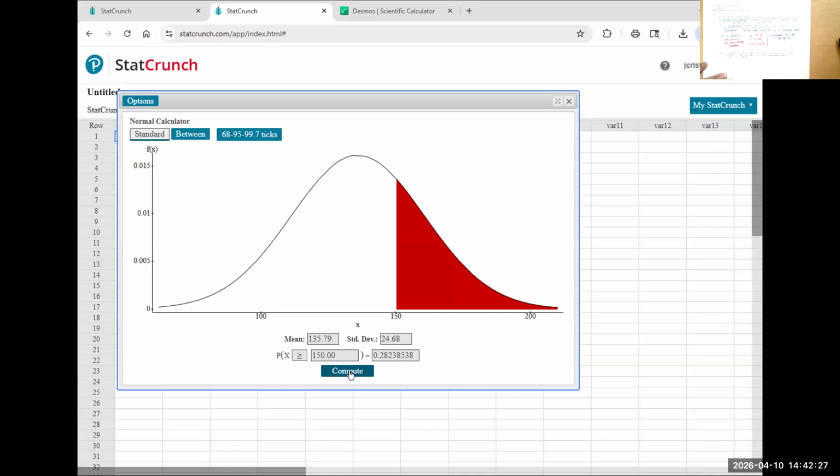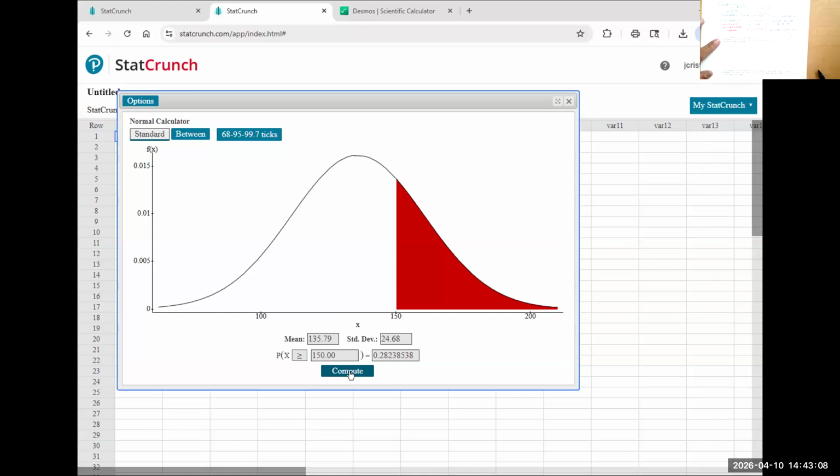That 8 tells that 3 to round up, so our rounded answer is 0.2824. That's for the individual, one customer being selected, and the probability that their total is more than $150 is 0.2824, a 28.24% chance of that happening.